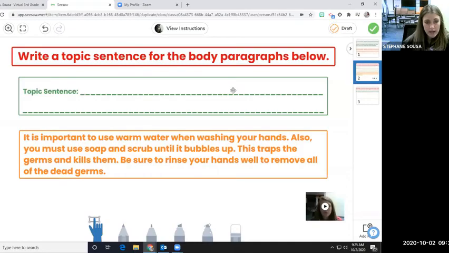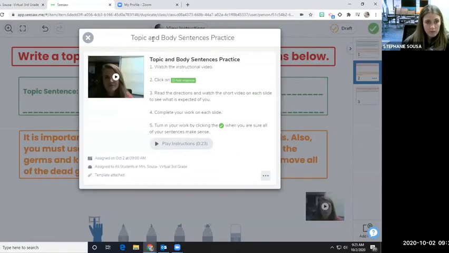Colton. What exactly are we doing? You are going to look at slides 2 and 3. If you want to view the instructions right here, remember you can read the instructions or you can click play and it will read them to you.